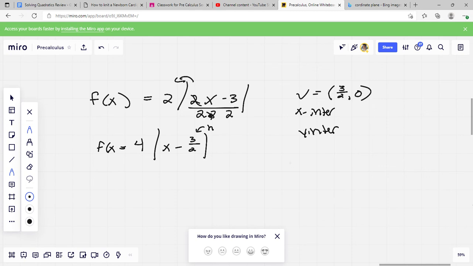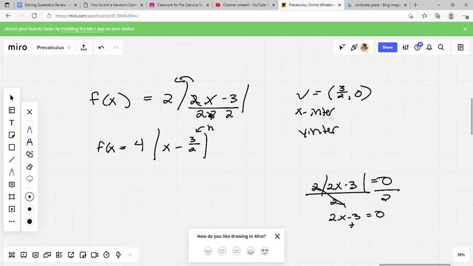Alright, now if I want to find the x-intercept, I have to solve the whole thing for 0. And I could leave it like this. I could say 2 times the absolute value of 2x minus 3 equals 0. Divide by 2. I'm going to have the absolute value of 2x minus 3 equals 0. I can't do a negative and a positive, so I'm only going to have one answer.